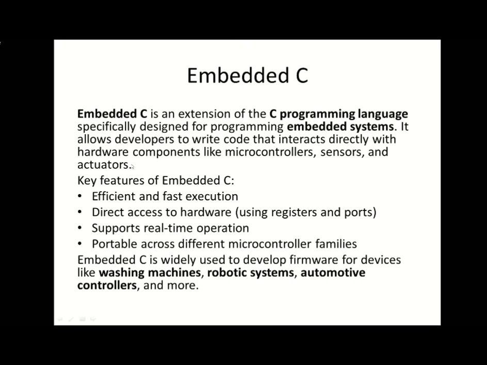Key features of embedded C are efficient and fast execution, direct access to hardware using registers and ports, support for real-time operation, and portability across different microcontroller families. Embedded C is widely used to develop firmware for devices like washing machines, robotic systems, automotive controllers, and more.